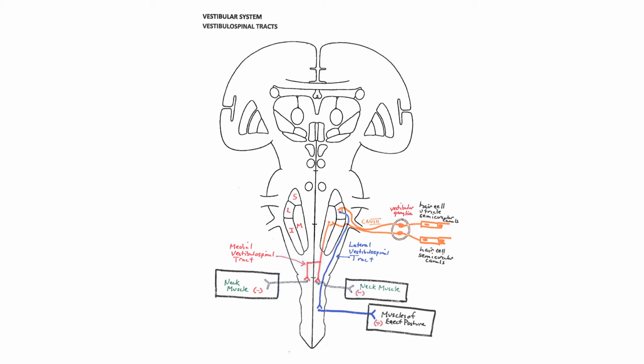From here, we will have motor neurons going out to the neck muscles of both sides, and these will be inhibitory neurons, so that the way that we maintain an upright stance is these 2 tracts battle against each other. And by doing that, we maintain an upright position.